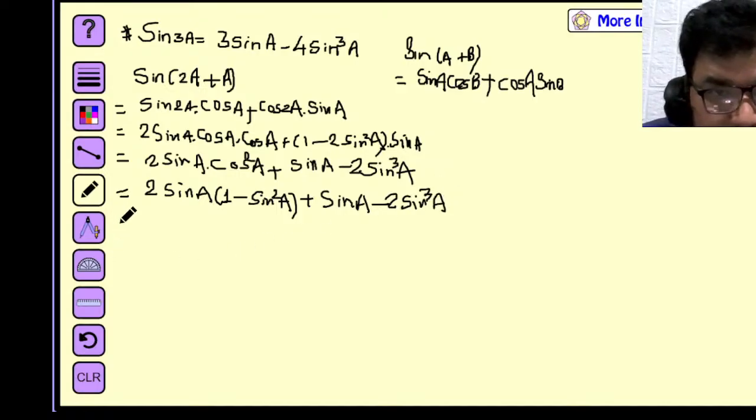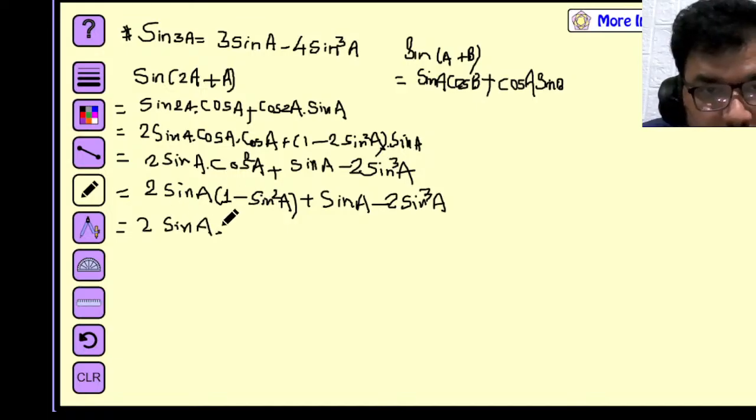Now let's open the bracket first: 2 sin a into 1 is 2 sin a, minus 2 sin a into sin square a, it will be 2 sin cube a.